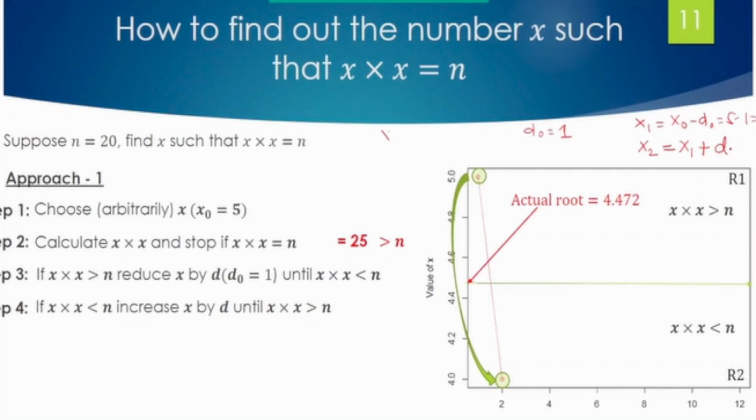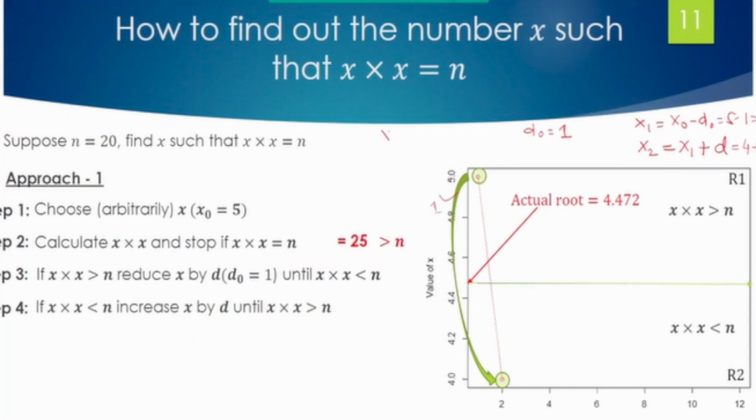Now one thing is for sure, if you choose the value of d as 1, which you have chosen for the previous movement, and you increase by the same amount d, then it will become what? x1 is 4 plus 1, which is 5. See, now x2 becomes 5.